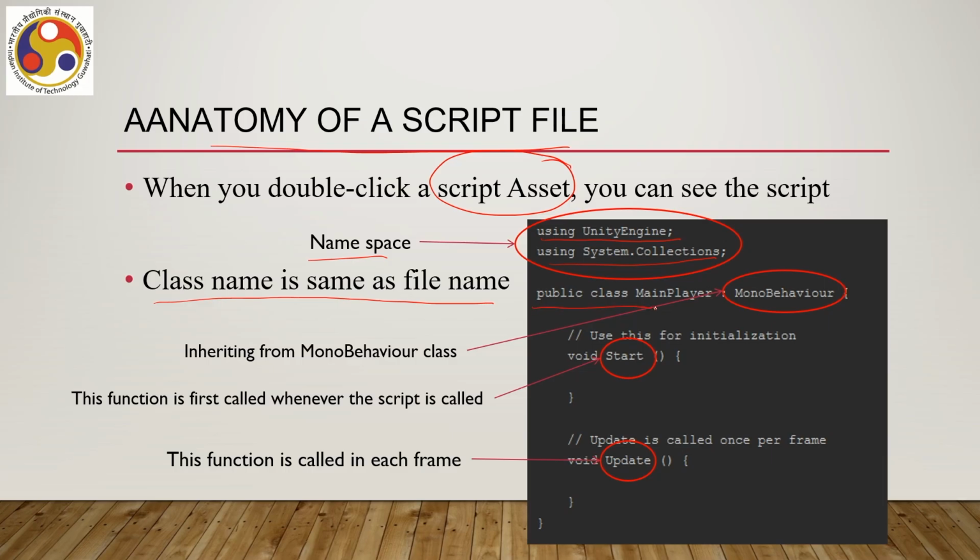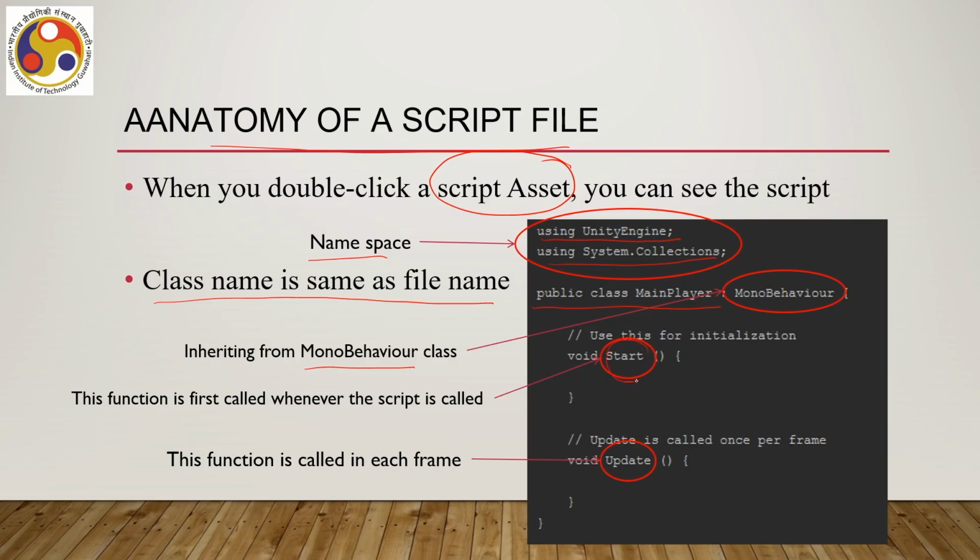Now, you have to use the public class construct, and then give the class name, which is the same as the file name, just like any other object-oriented programming approach. Then there is inheritance that you can do. Typically, the MonoBehaviour class is inherited by the class you are defining.